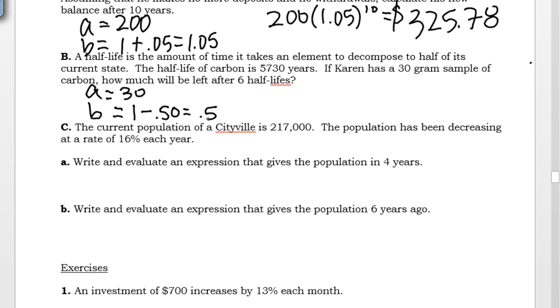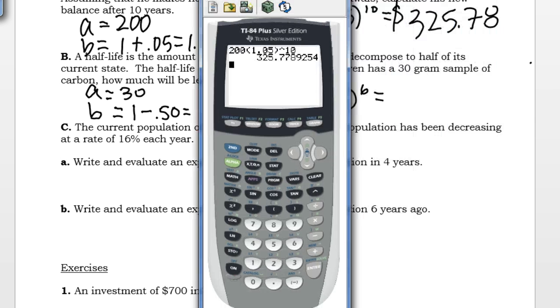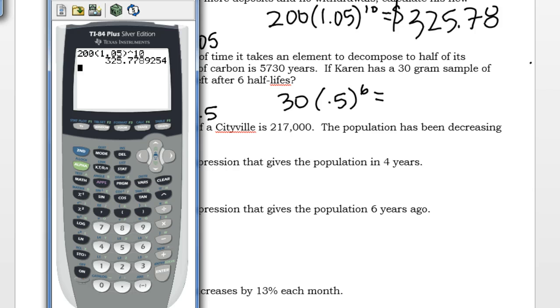So after 6 half-lives, how much is left? And less than half a gram would be left over, so I'll do 0.47.